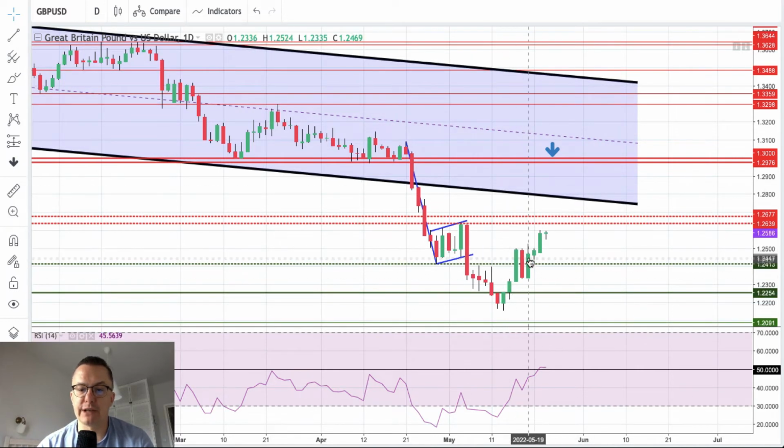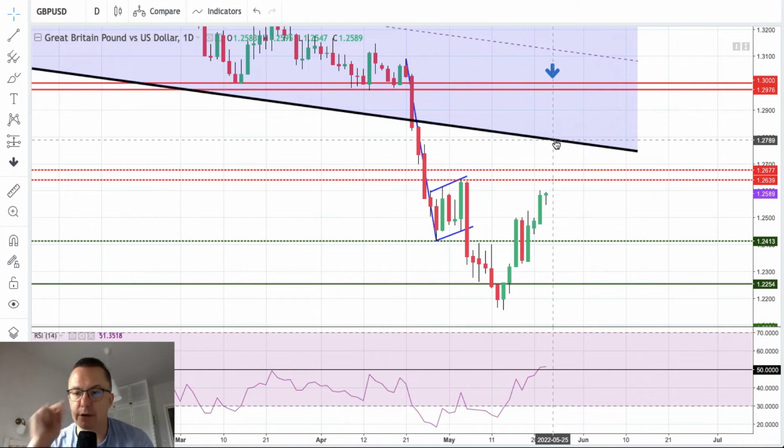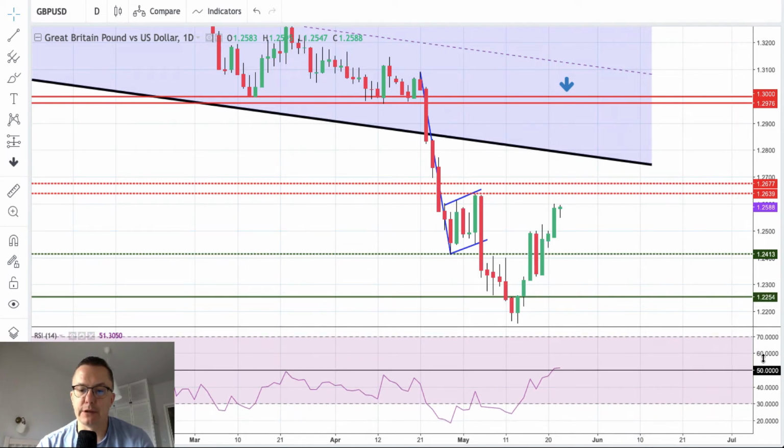We have the bullish sandwich after the new low was made here, and then day 1, 2, and the third day of the upward move is in progress. However, the key level to the upside is still located here at 1.2777, and then of course the lower channel line is still present on this chart, so we should be aware of the level of 1.28. The key supply zone is located between 1.2976 and 1.3, so as long as we trade below these levels, the resumption of the downtrend is still very possible.